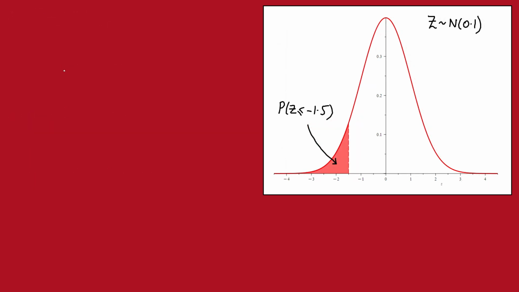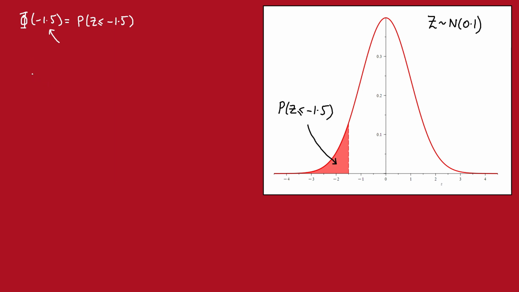So we could try and look up this probability from the normal distribution tables. We could try and find capital phi of minus 1.5, which remember is the same as the probability that z is less than or equal to minus 1.5. But the problem is that the normal distribution tables are only defined for positive values of z.